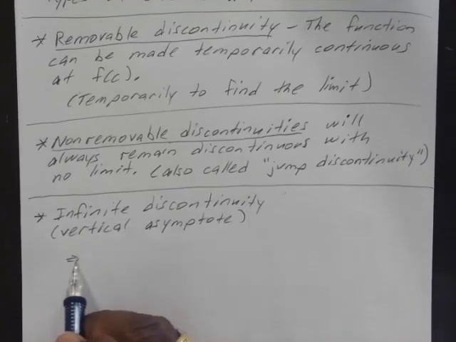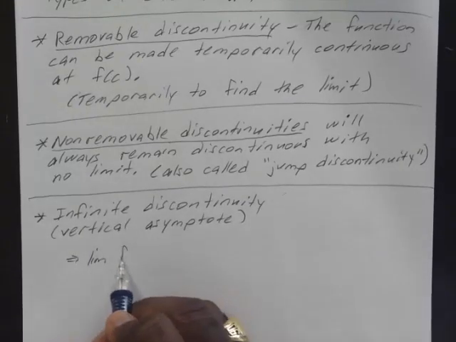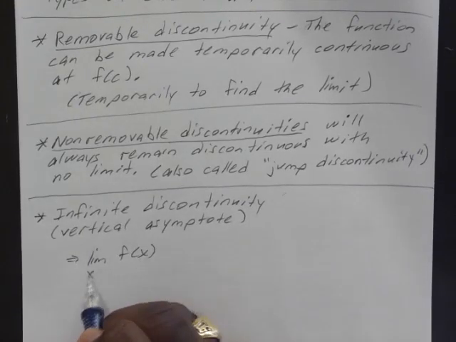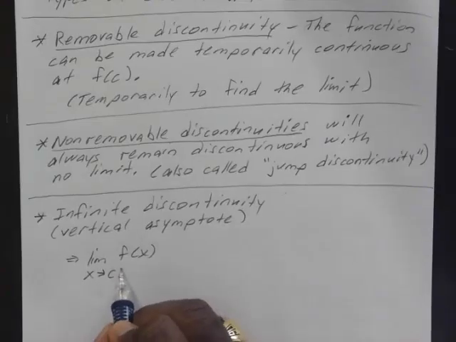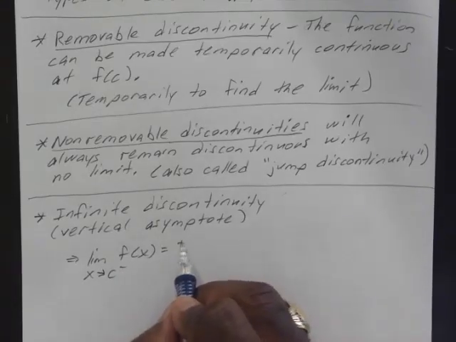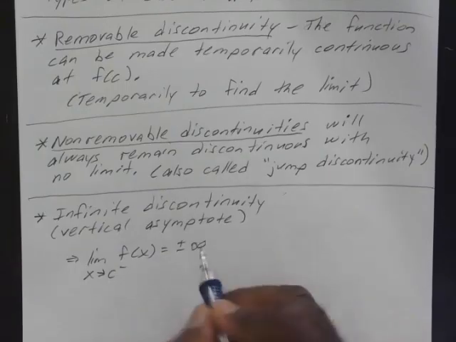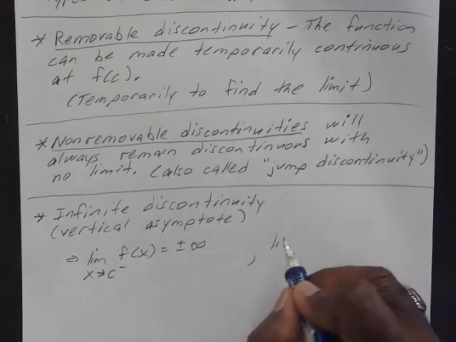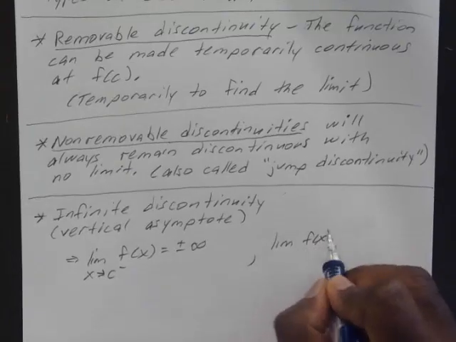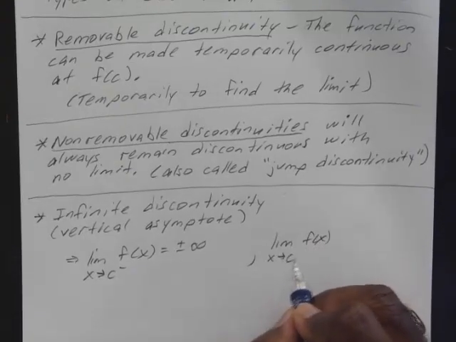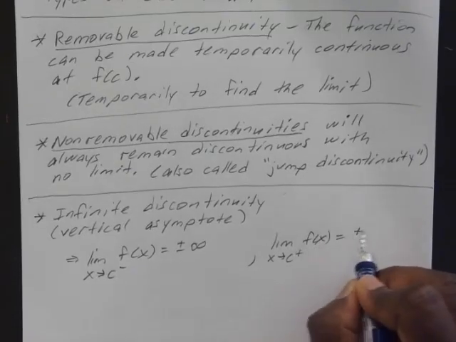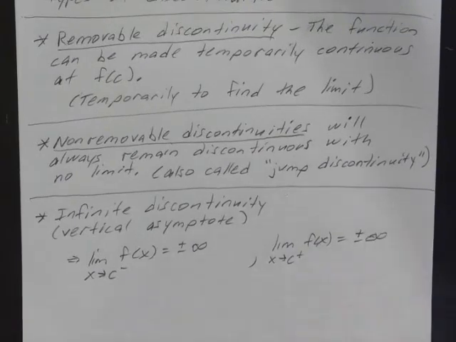And that's just where the limit of f of x as x approaches c from the left is either positive or negative infinity, and the limit of f of x as x approaches c from the right is either positive or negative infinity.